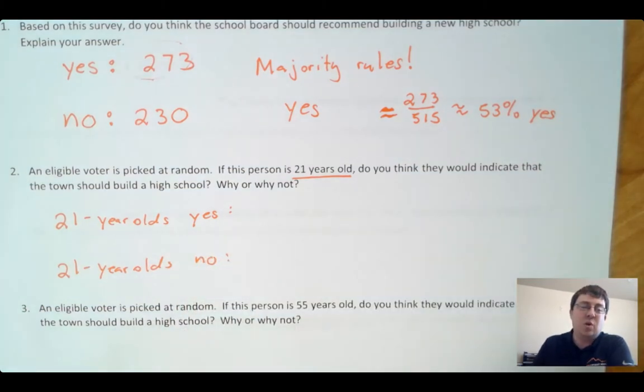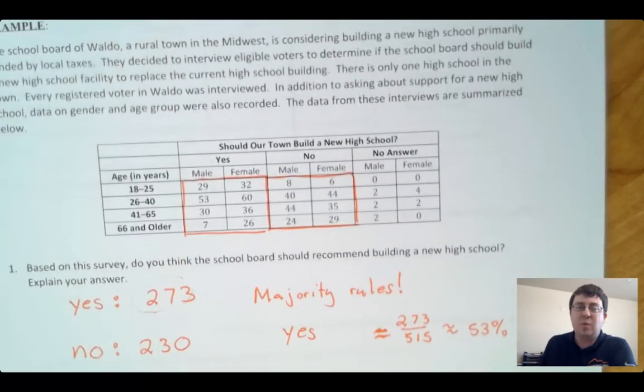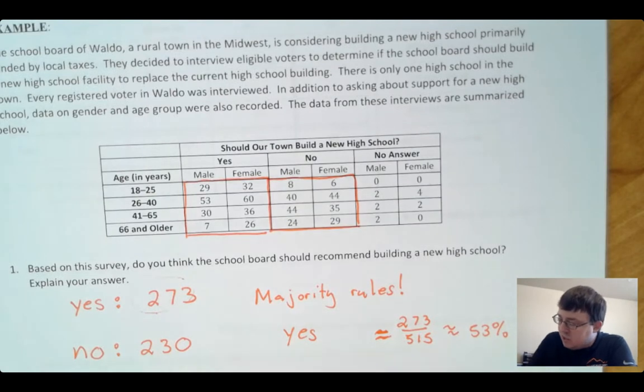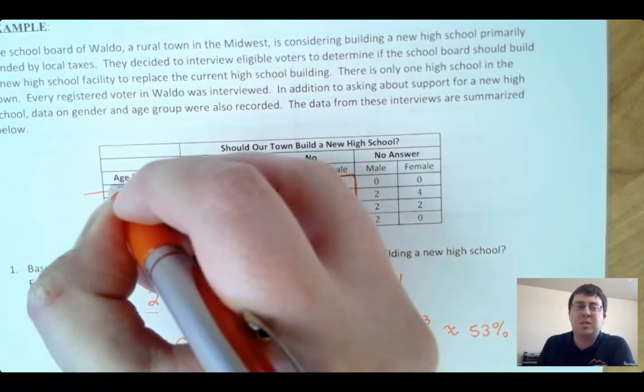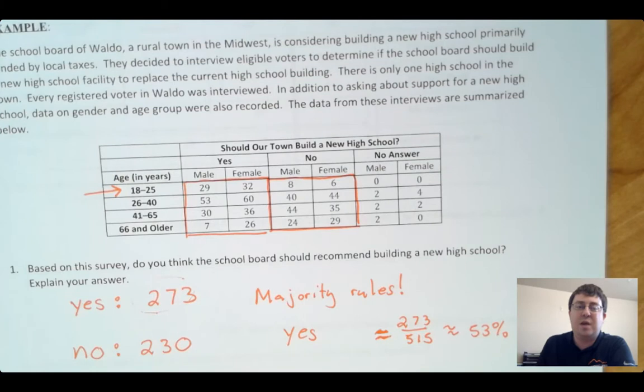He's in the 21-year-old age group. Would he, or he or she, we don't know, would they want to build a new high school? Well, let's focus on just the age group that person's in, 21 years old, 18 to 25.